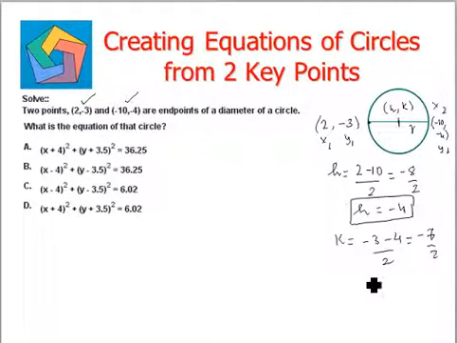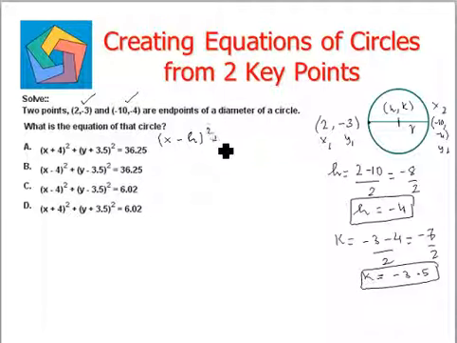K is given by negative 3.5. So we have the coordinates of the center as negative 4 and negative 3.5. So we'll use the equation of the circle as x minus h whole squared plus y minus k whole squared equals r squared. Here we found out that h equals negative 4 and k is equal to negative 3.5.